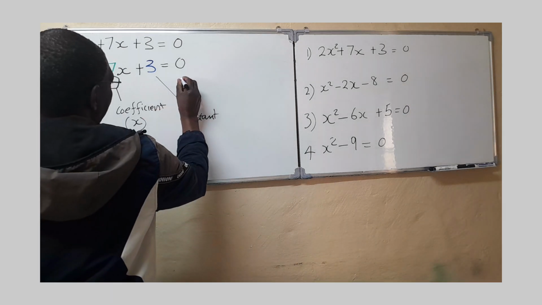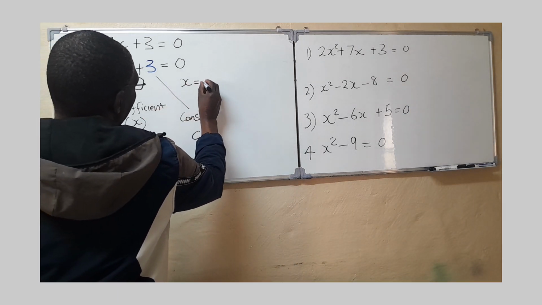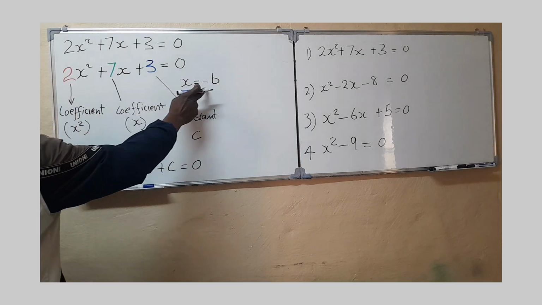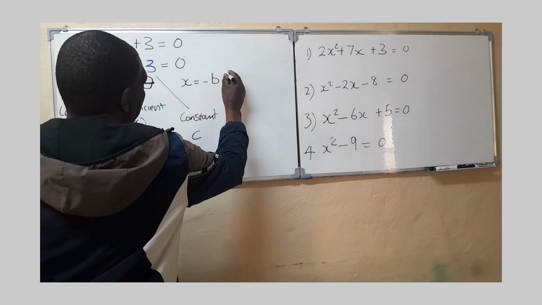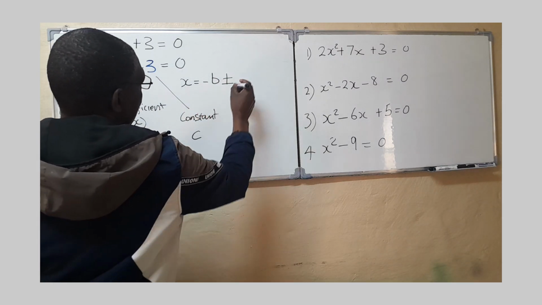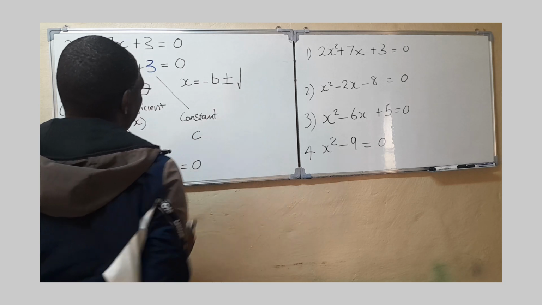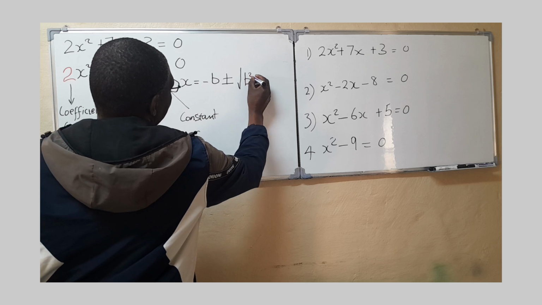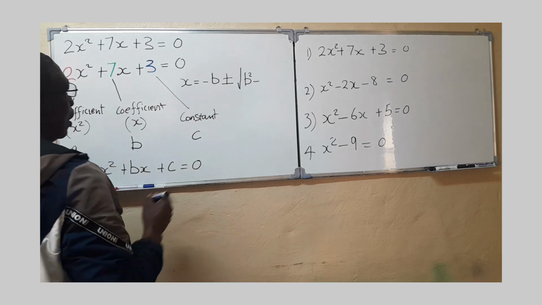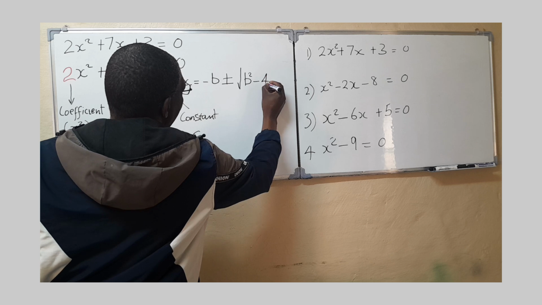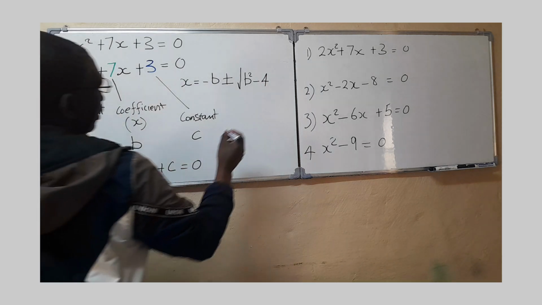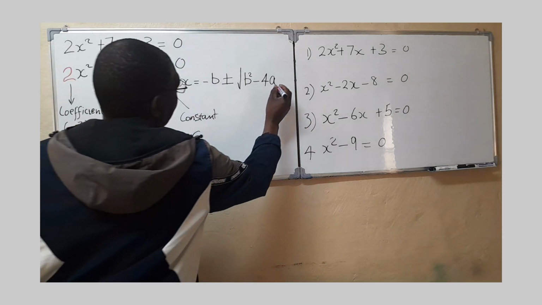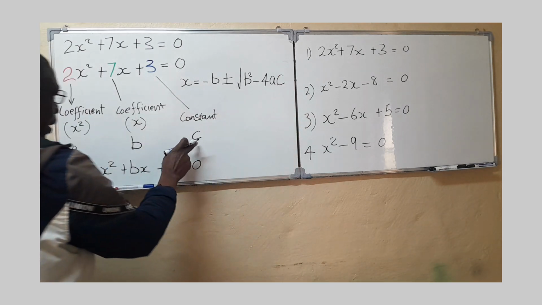So our x is given by minus b, whatever the coefficient of x is, you put it there, it's minus b plus or minus the square root of the same b again, now squared, b squared, minus 4 multiplied by a, the coefficient of x squared, multiplied again by c, the constant.